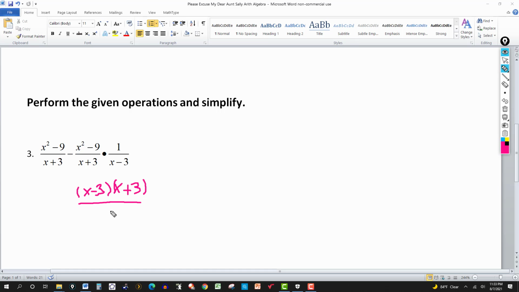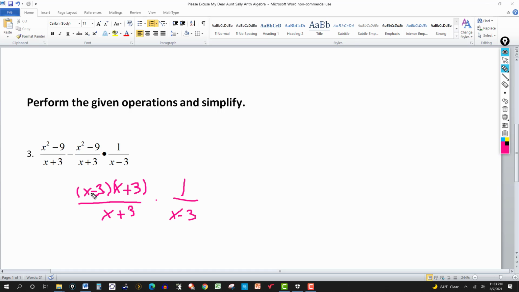And then we have x plus 3 down here. And that's going to be times 1 over x minus 3. Then you do a regular multiplication.